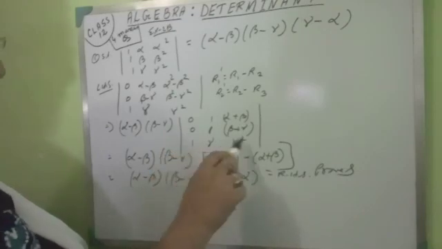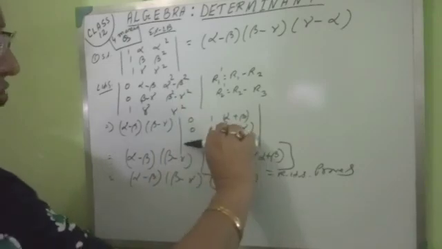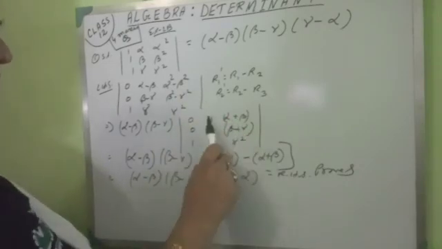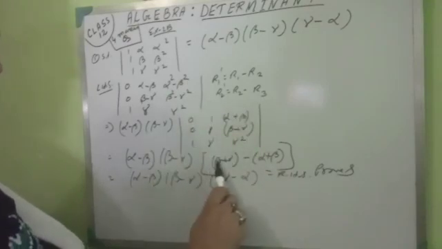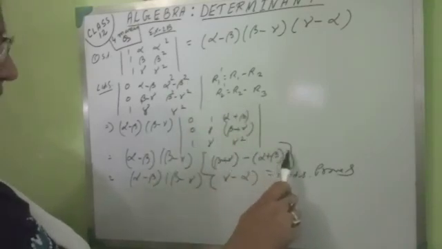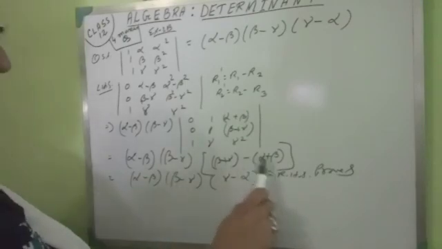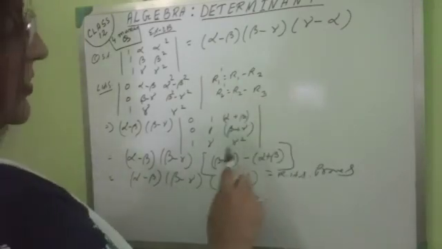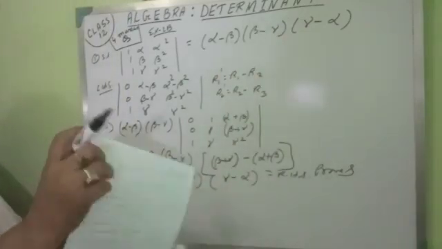With respect to 1, we get 1 into beta plus gamma minus 1 into alpha plus beta. So beta plus gamma minus alpha minus beta gives gamma minus alpha. So we will get alpha minus beta into beta minus gamma into gamma minus alpha. Just calculate this part, then we will get the right hand side.